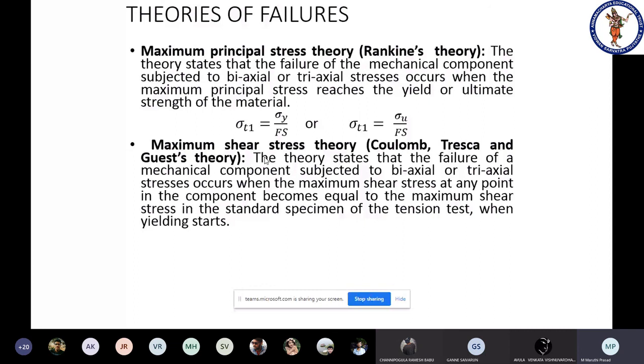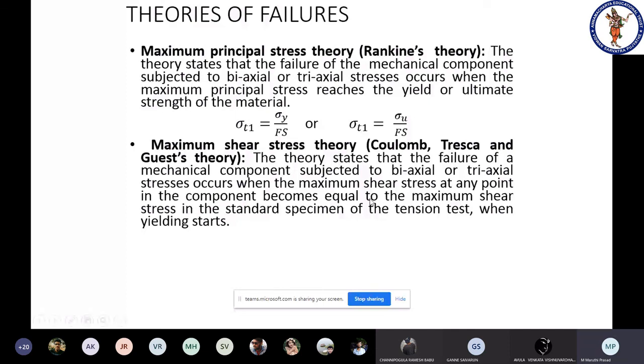The theory states that the failure of a mechanical component subjected to biaxial or triaxial stresses or loads occurs when the maximum shear stress at any point in the component becomes equal to the maximum shear stress in the standard specimen of the tension test when yielding starts.